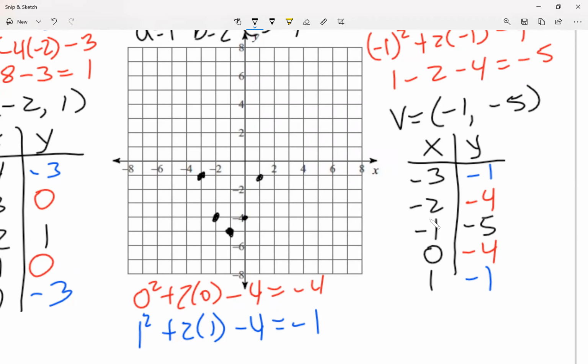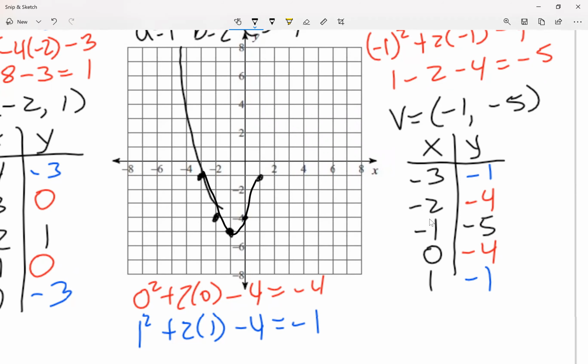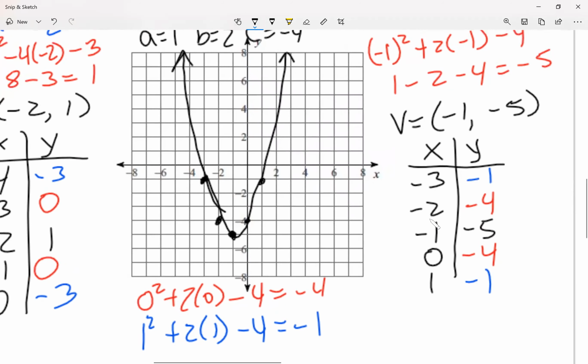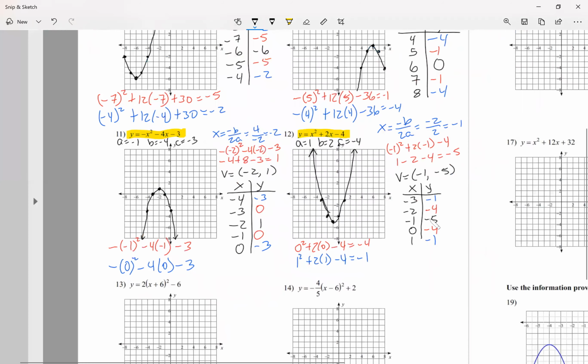So okay, makes sense. Roughly looks like that. All right, let me zoom out so you guys can see what we did.